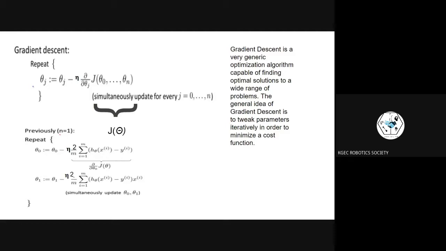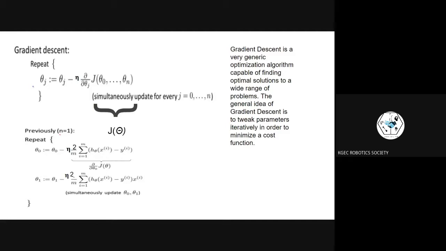Here we'll start today's main topic, which is gradient descent. On the right side of the slide, as you can see, there is a general definition of gradient descent. Let's go through with me. Gradient descent is a very generic optimization algorithm capable of finding optimal solutions to a wide range of problems.